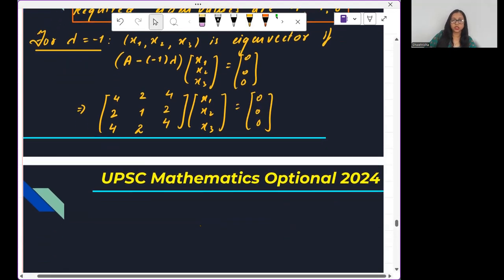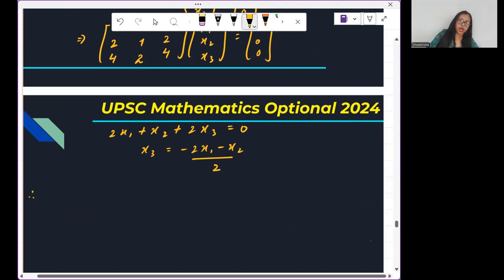Solve it. This is going to be 2x1 plus x2 plus 2x3 equals 0. This is the only equation that you will get here. So x3 is equal to minus (2x1 plus x2) by 2.